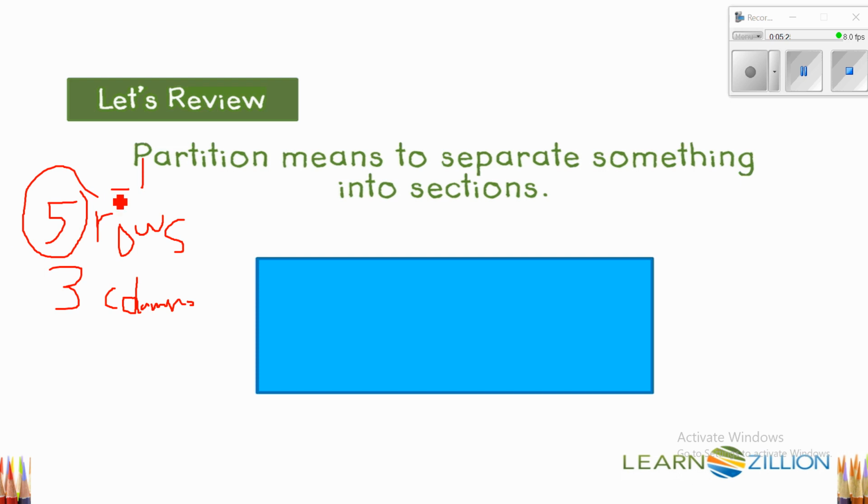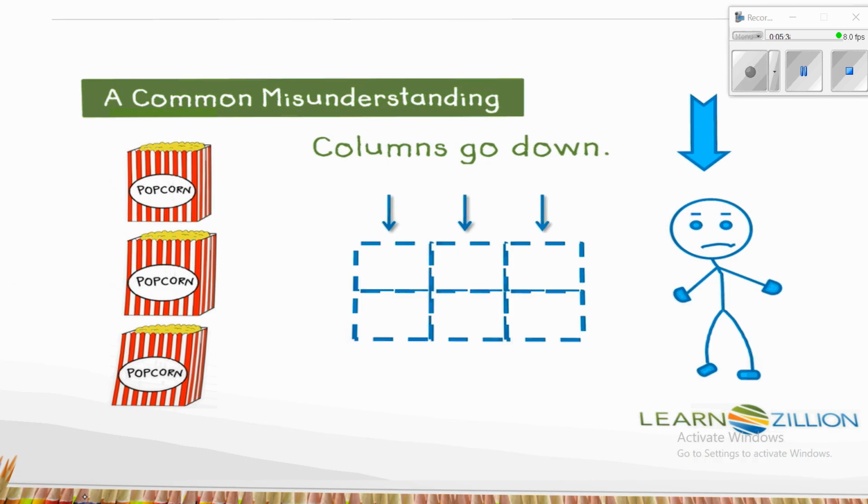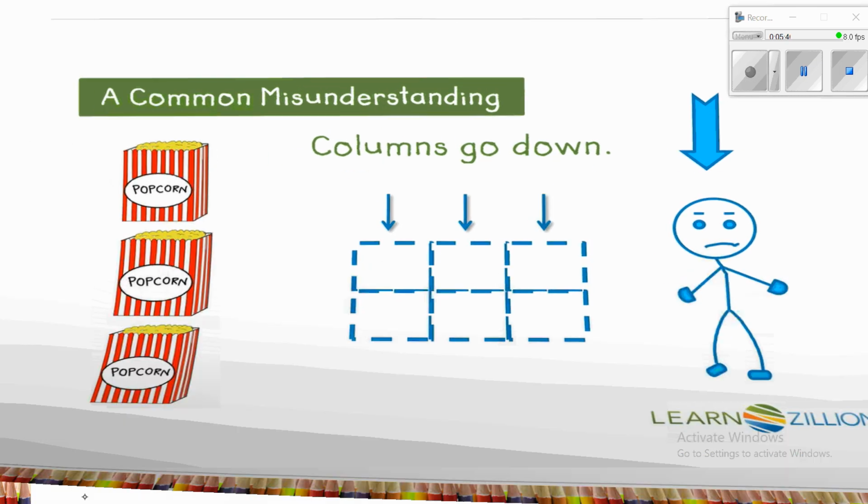So 5 minus 1 is 4. So I have to draw 4 lines side to side. Here is the first line. Wait, I want to make it clearer. I want to erase.